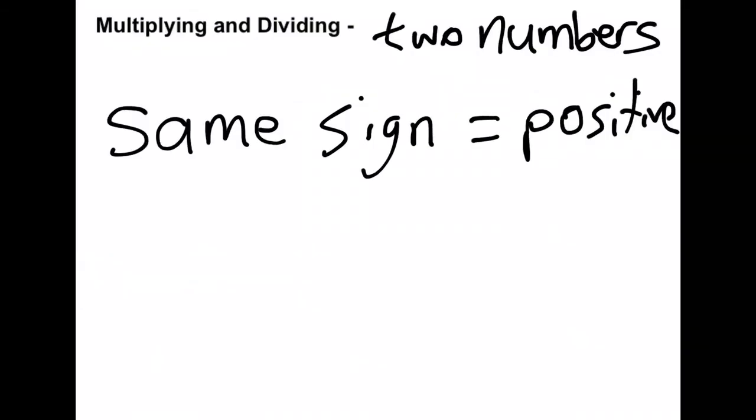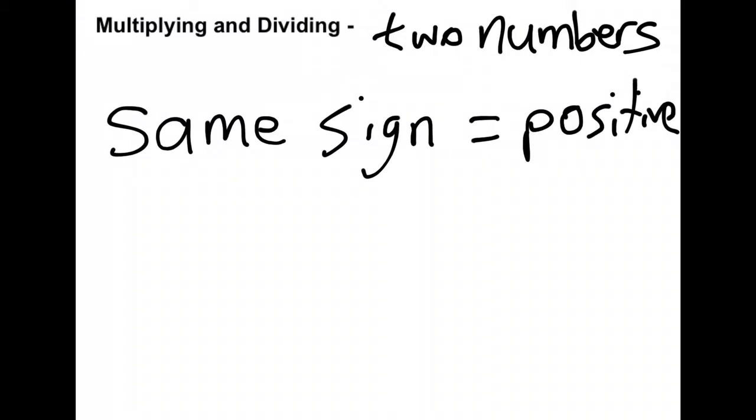So how about multiplication or division? Well, if we take any two numbers and we multiply or divide them, you can follow a couple of rules. If they have the same sign, their product or their quotient will always come out positive.